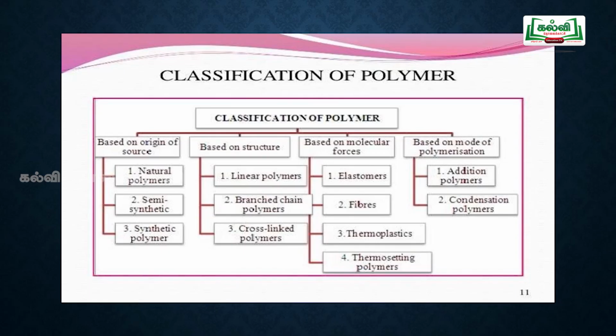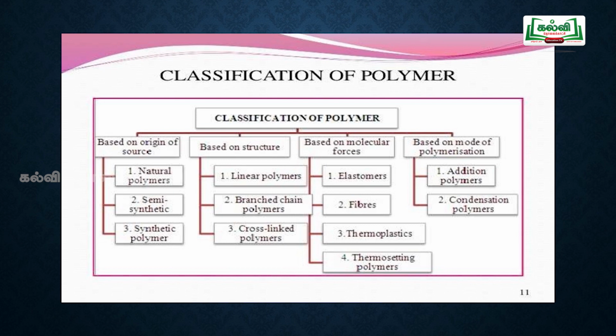So, let us see the classification of polymers. Polymers are broadly classified into 4 types: 1, based on origin of source; based on structure; based on molecular force; and based on mode of polymerization. First, based on origin of source. What is that origin of source? From where we can get the polymer?